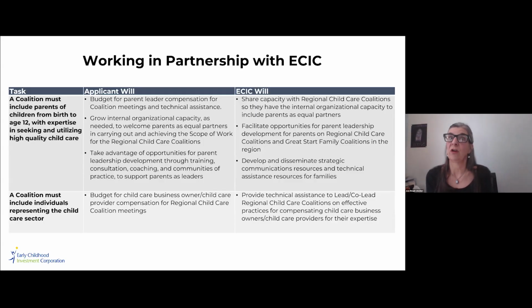And so we believe they need to be compensated for that in a manner that acknowledges the expert consultation that they're providing. ECIC is available and prepared to talk with any potential applicant, and subsequently with funded applicants, about how we really engage, learn from, and co-lead with individuals representing the childcare sector. Next slide.